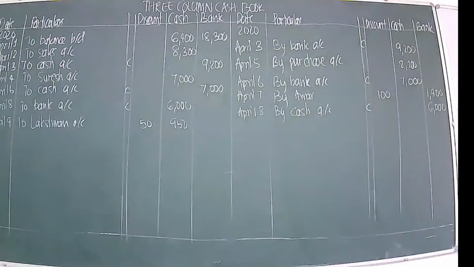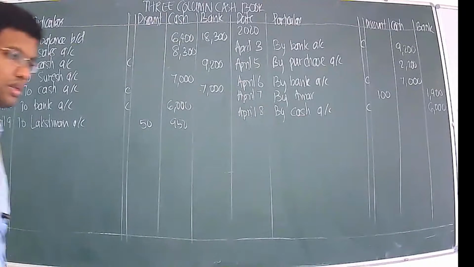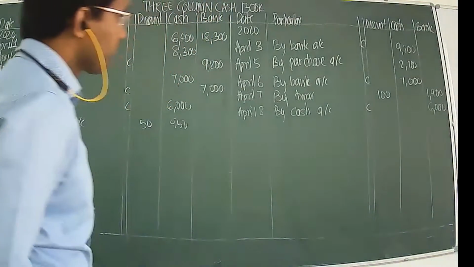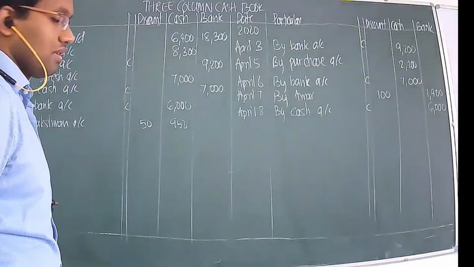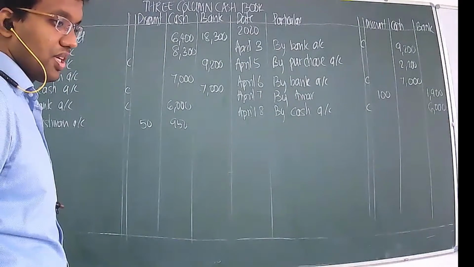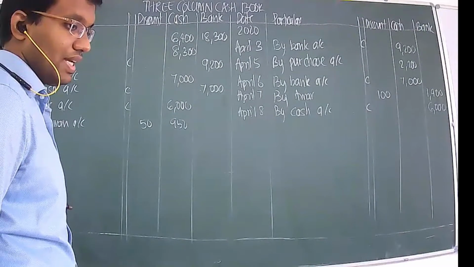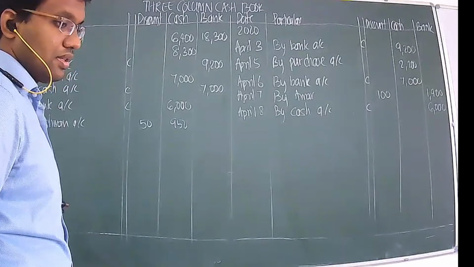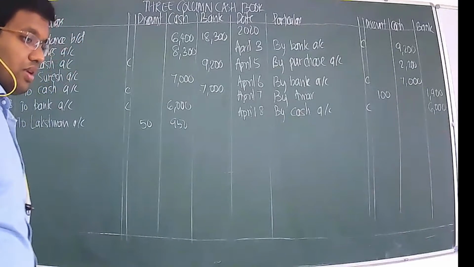April 7th, yes. What happened? Discount amount is 20 and bank amount is 1980, sir. Which question are you referring to? No, Mr. Arjun, it is 1,900 and it is 100 rupees. 100 rupees only. Then I have made a mistake, sir. Sorry, sir.